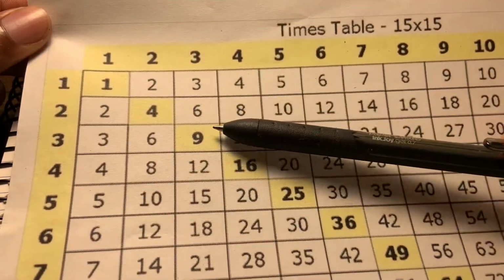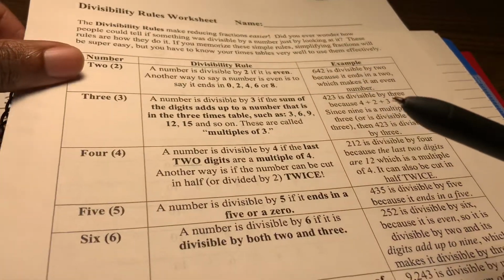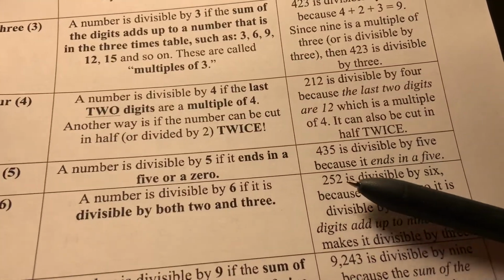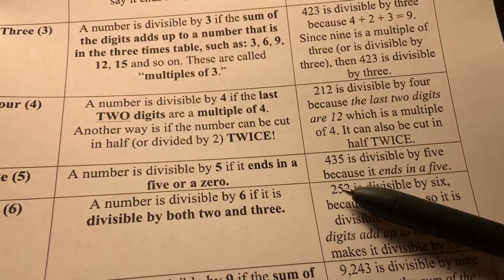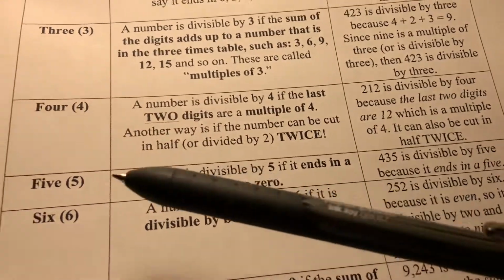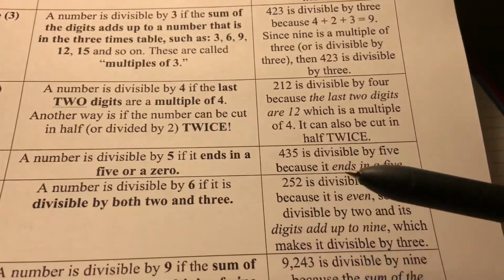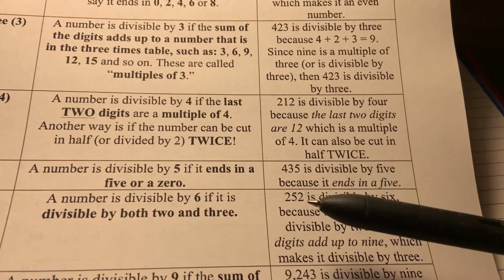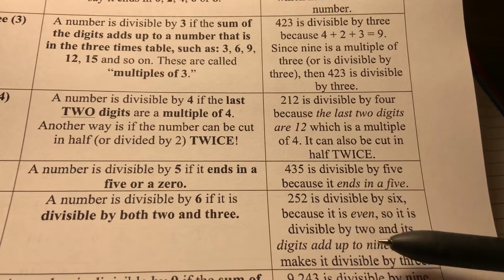Yes, it is. It's right there. So that means that 252 can be divided by 3, and it's also divisible by 2 evenly, which means it can be divided by 6. So that's how we know whether 6 can go into a number. If the number is divisible by 2 and it's also divisible by 3, therefore it is divisible by 6.